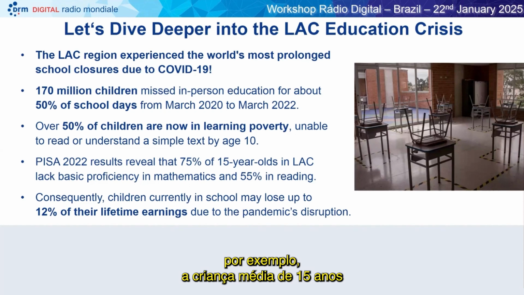For example, the average child of 15 years is 5 years behind the educational level of a child in an OECD country.